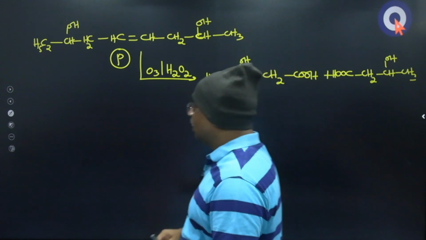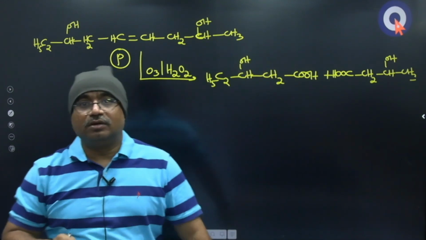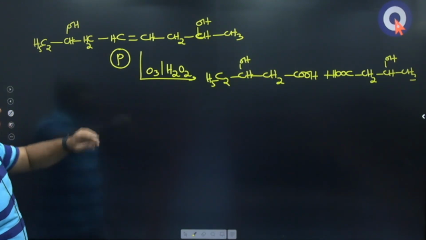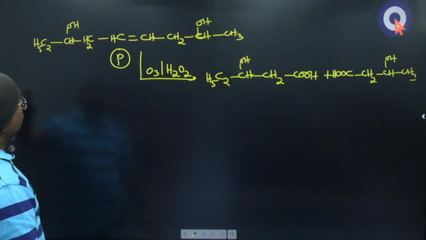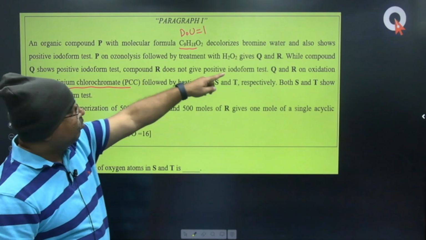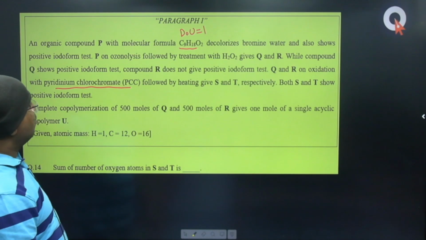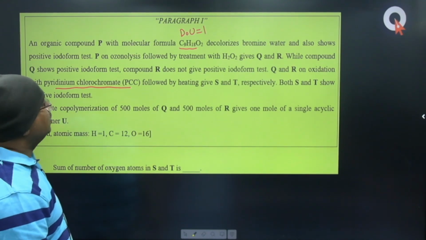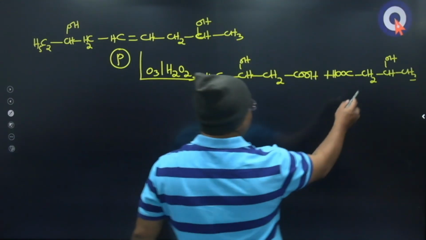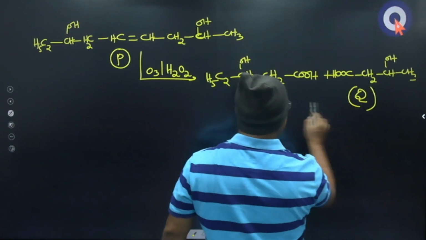Then he says one among them gives the iodoform test. This one can give the iodoform test, but this cannot. That is, compound Q will give a positive iodoform test, while R will not. So this is our Q, and this is our R.